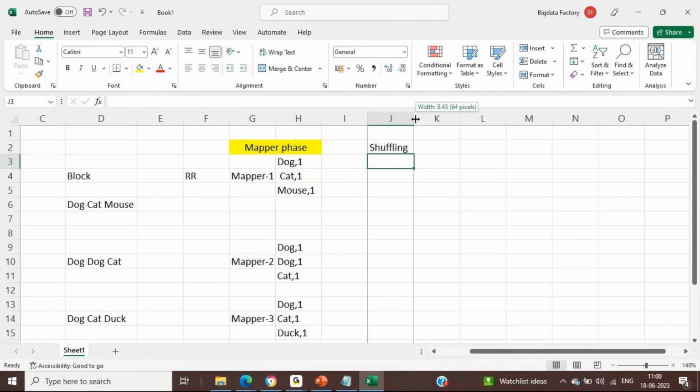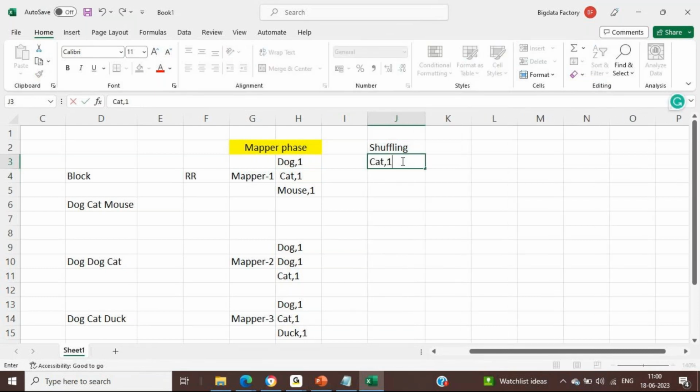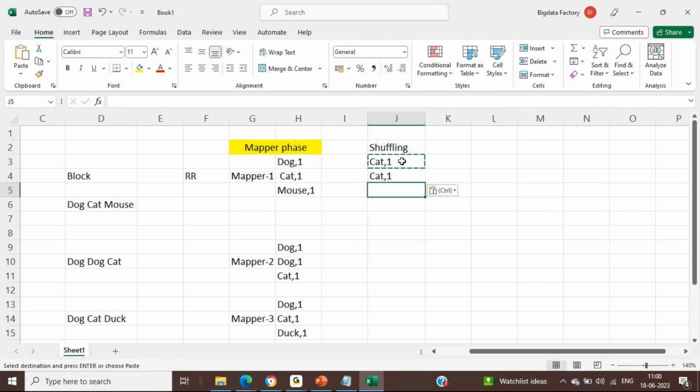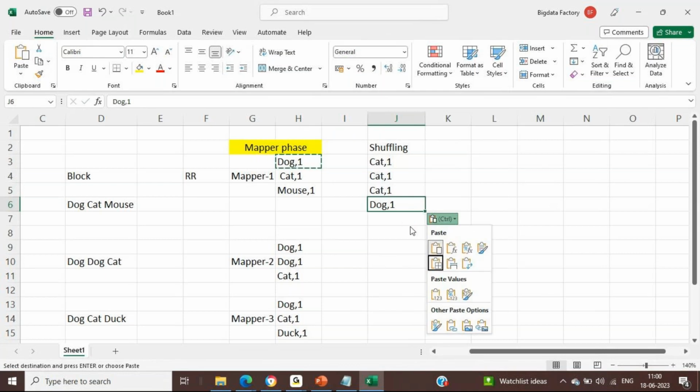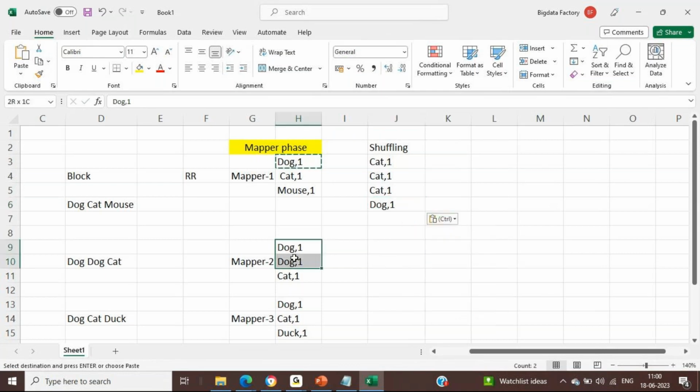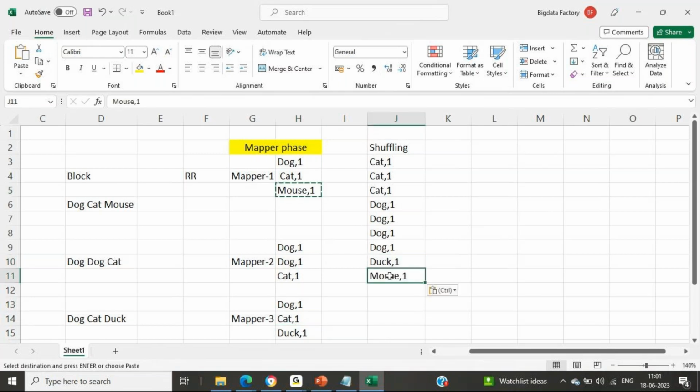So say cat one, cat one, cat one, then dog one, dog one, dog one, dog one, and then duck one and mouse one. Okay, that is perfectly fine. So shuffling and sorting has happened.